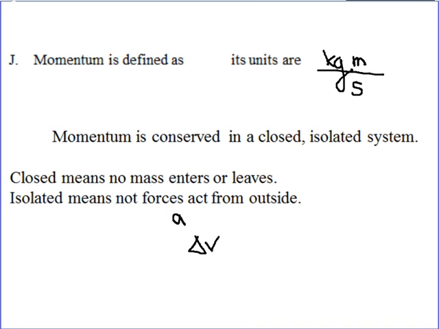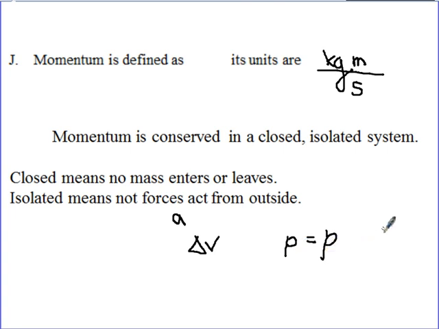In fact, I think it would be a very good thing if you were doing a problem and you said, oh, well, the way to do this problem is to say that the momentum is conserved. And maybe you would write something like that. I would hope you would.